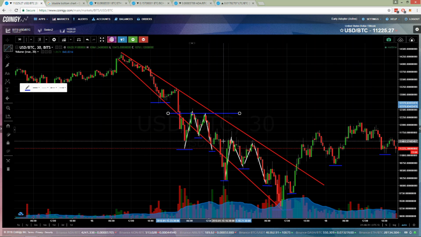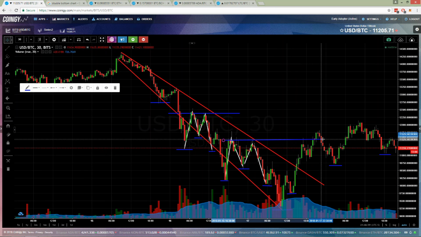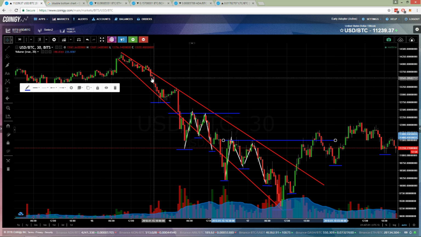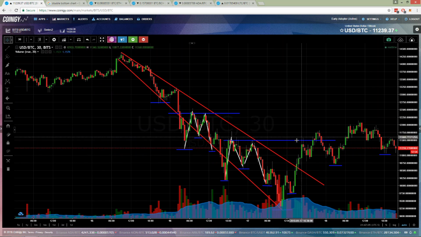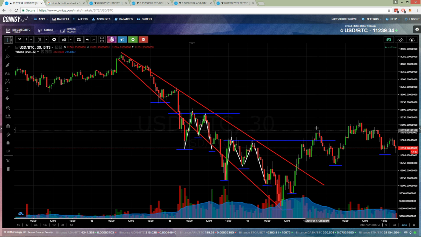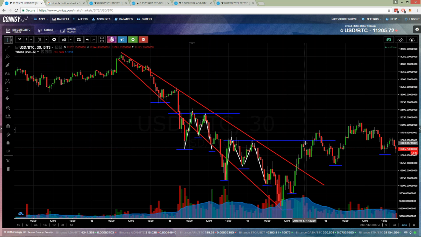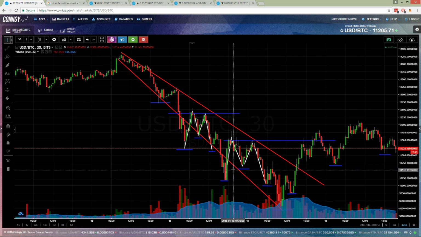So we can draw another neckline, another confirmation line here, right about here. Let's draw that all the way out to here. What this tells you is whenever the price breaks out and comes above this confirmation line here, we're starting to see a reversal. We're starting to see a recovery, and this bottom has held.